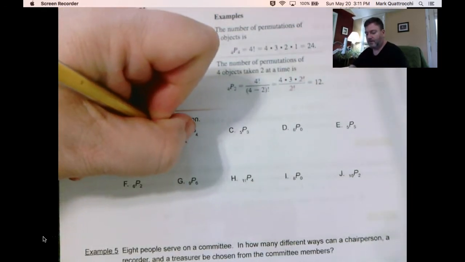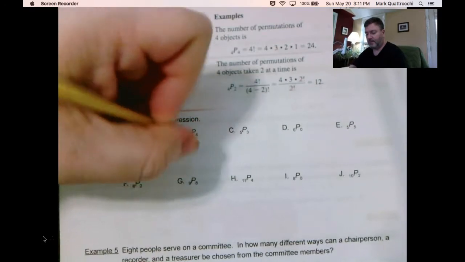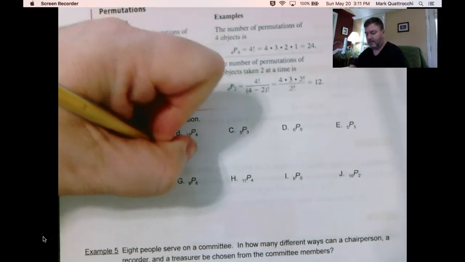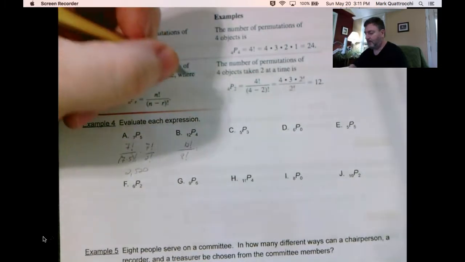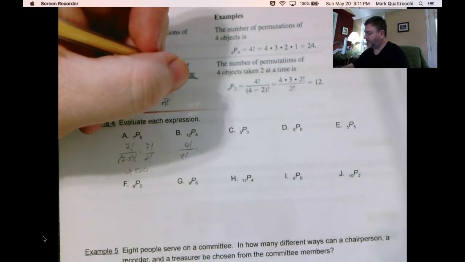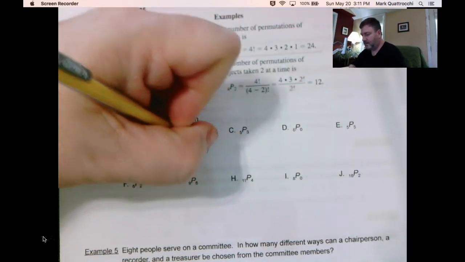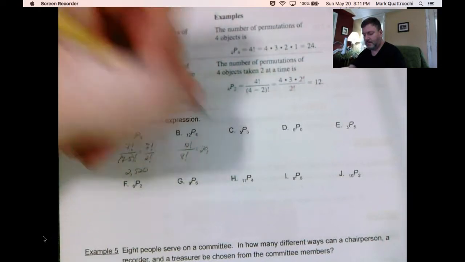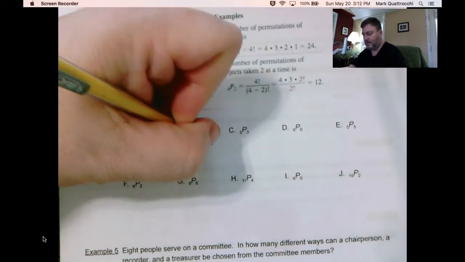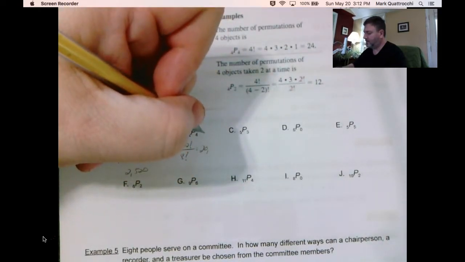12P4 is 12 factorial over 8 factorial. 12 factorial divided by 8 factorial.